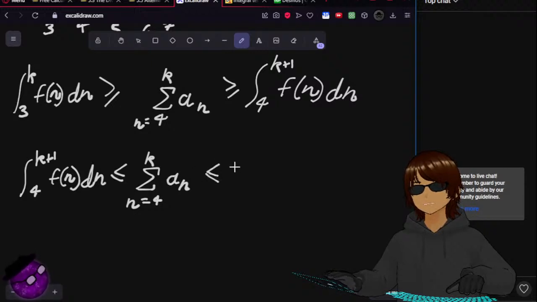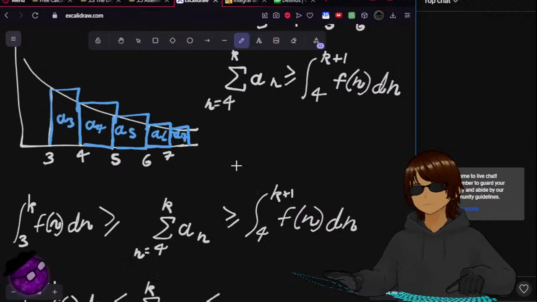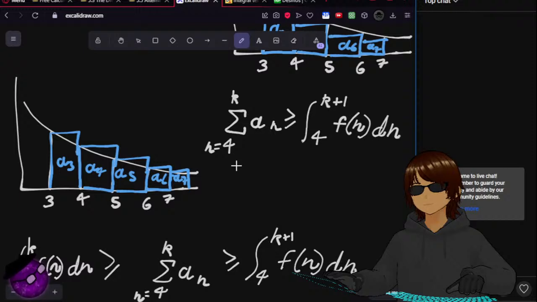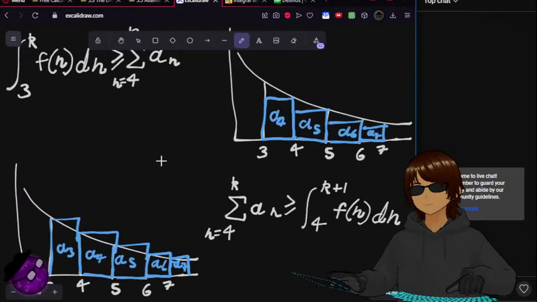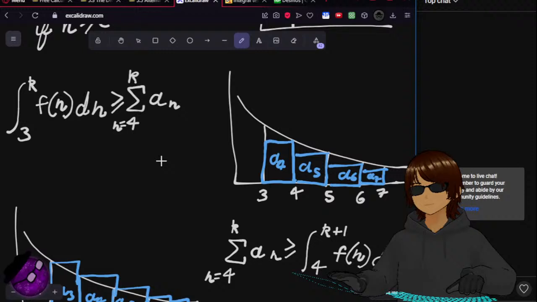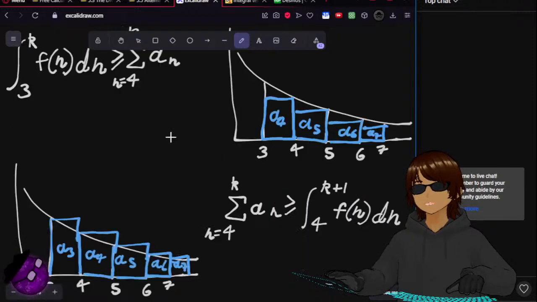And then, for this one, we can start it from 4 and then we can add a4 separately.